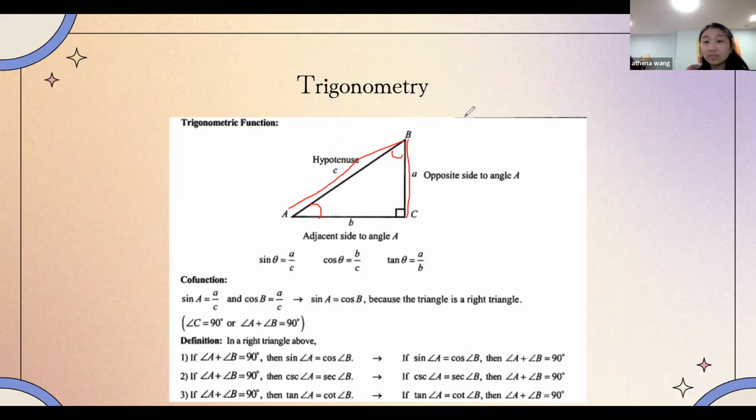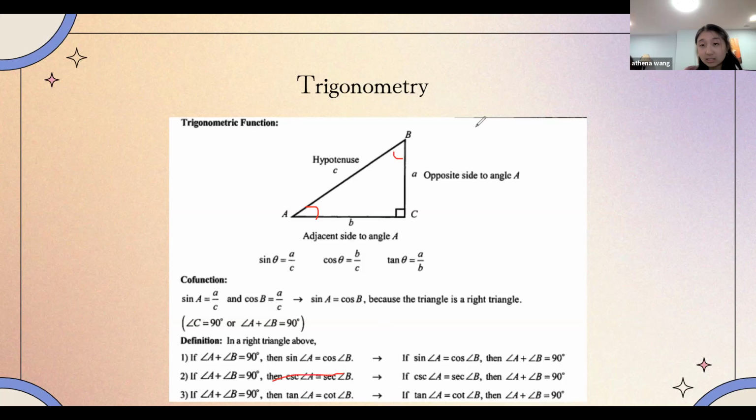So A plus B is equal to 90 degrees because this is a right triangle. If angle A plus angle B is 90, we know that sine of A equals cosine of B, and the same if it's the reverse.